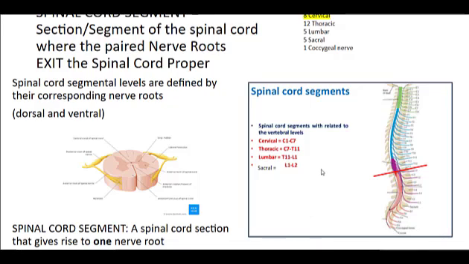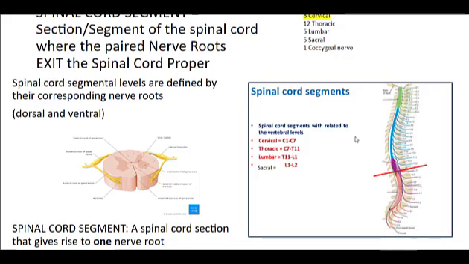In addition, don't forget we have 7 cervical vertebrae, but 8 cervical nerve roots. Okay, so in the beginning, the nerve roots exit ahead of the vertebral segment, but as you get down to C7, that's when C8 exits below the vertebral segment, and then so on and so forth.